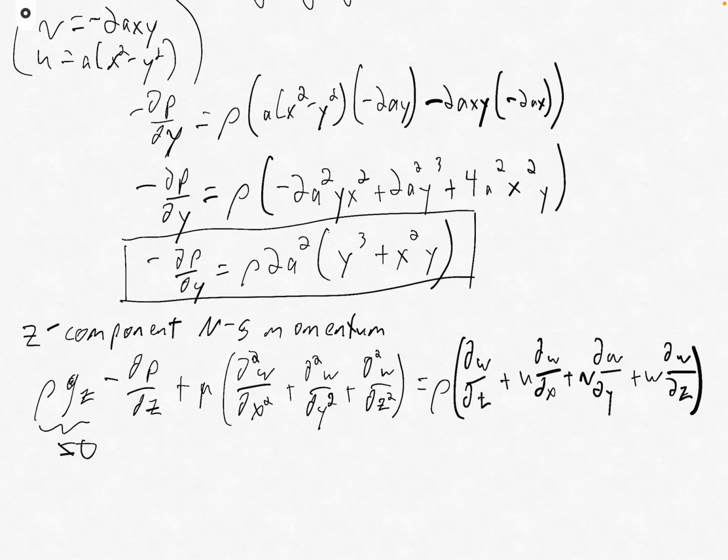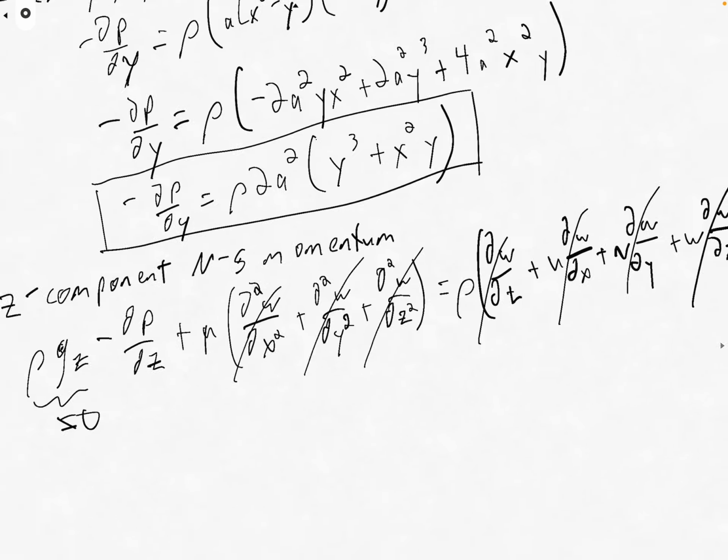But since W is 0, this drops out, this drops out, this term drops out, and all of these advective derivative components drop out as well. And so all we're left with to evaluate is this rho gz minus dp dz.